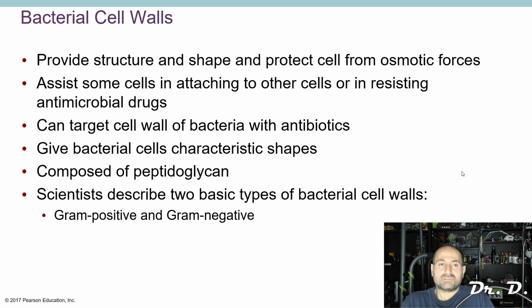Now, what you need to understand is that when you're talking about the bacterial cell wall, there are two types of architecture that you're dealing with. There is what's known as the gram-positive cell wall, where the cell wall looks a particular way, and then there are what are known as gram-negative cell walls, and those bacteria have a cell wall with a different architecture.